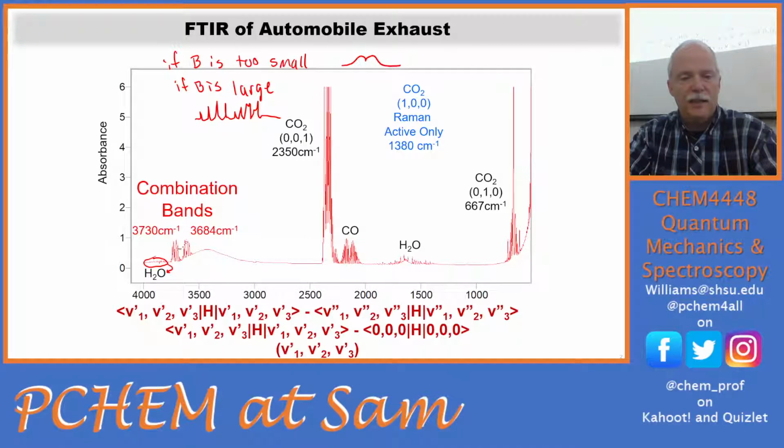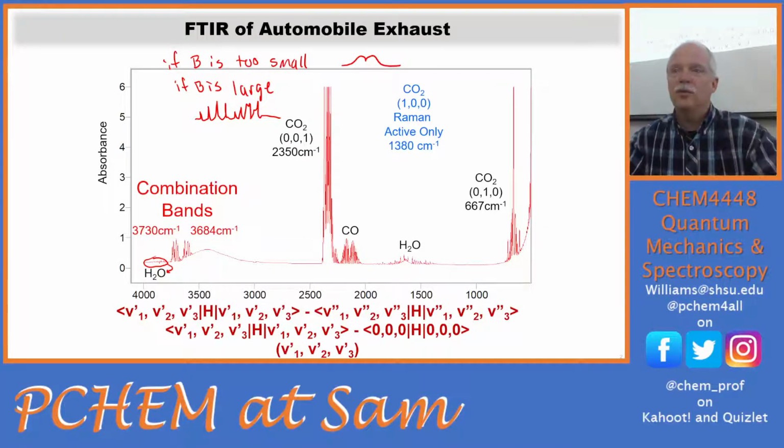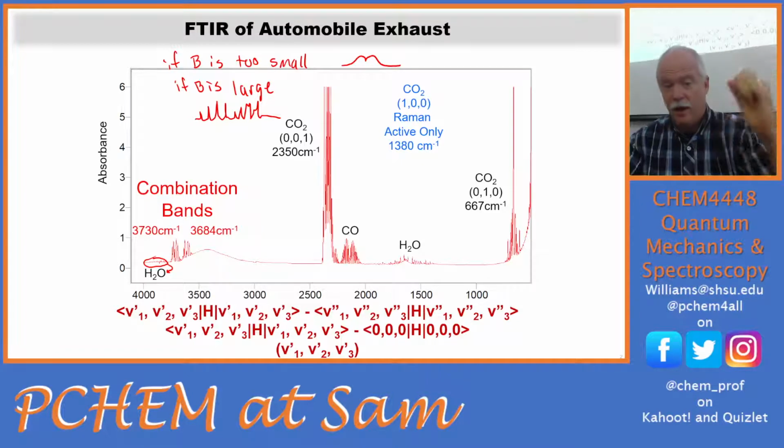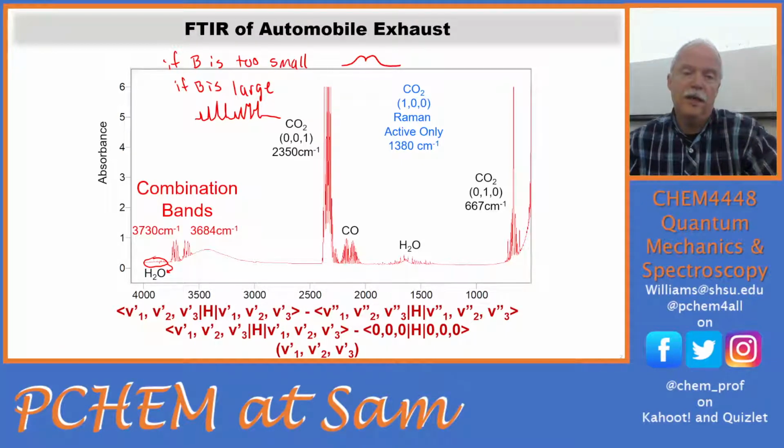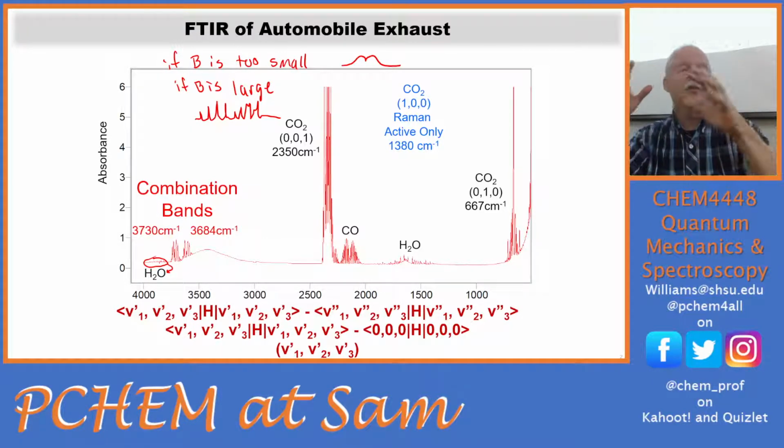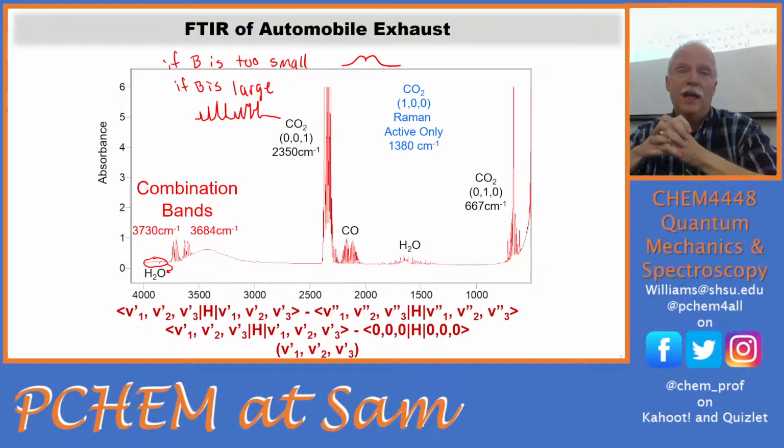And so when we look down at these combination bands, we can see individual rotational rovibrational transitions. Also, if we were to look at the concentrations of the molecules, let's say we took the species that we have in this spectrum and we took individual spectra of each of those, and we changed the concentrations of those molecules, we would see that these combination band peaks grow and shrink with CO2.